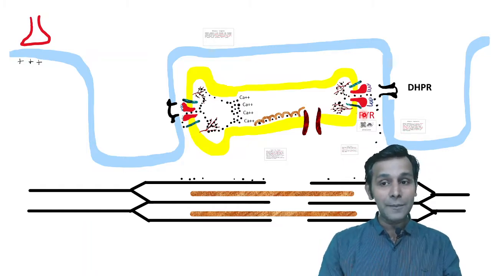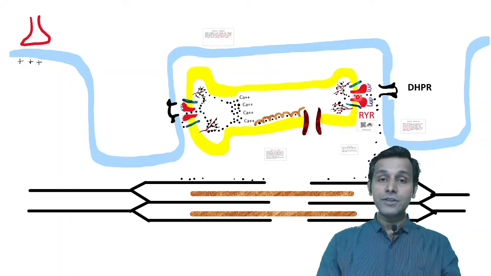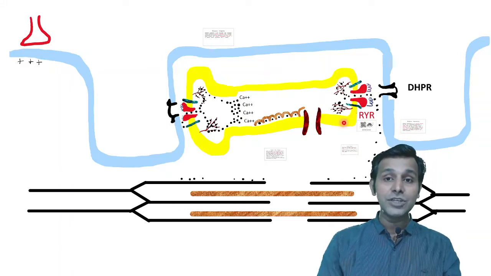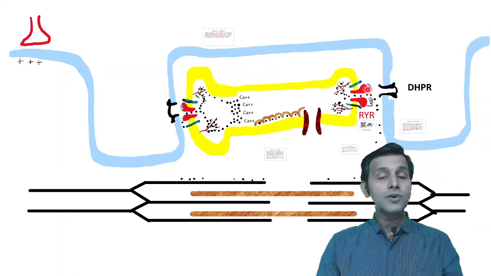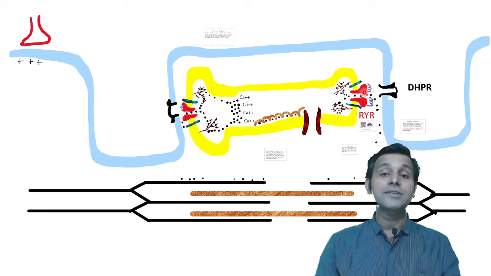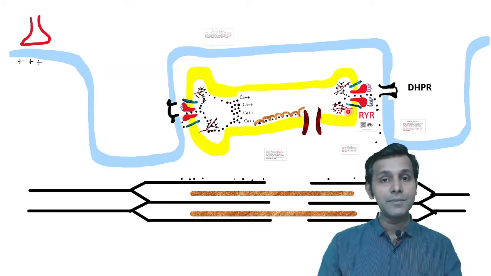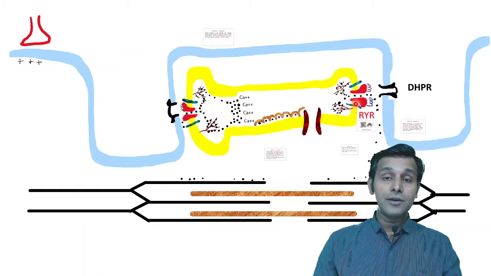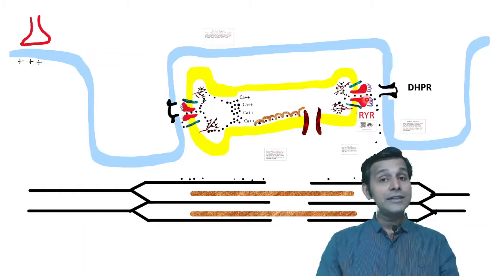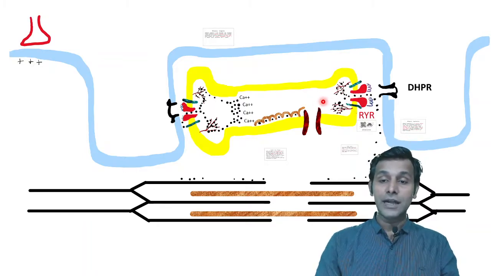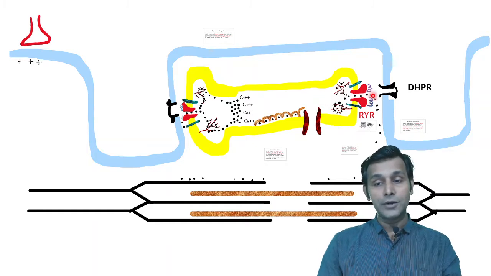The ryanodine receptor is present on the cistern of the L tubule. Much of the portion of RYR is extramembranous, and a very small portion is in the membrane. The RYR is actually a calcium channel which allows calcium ions from the L tubule into the myoplasm.